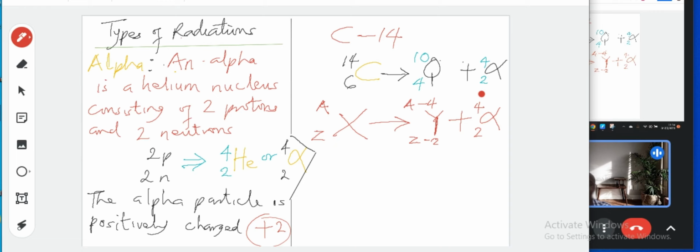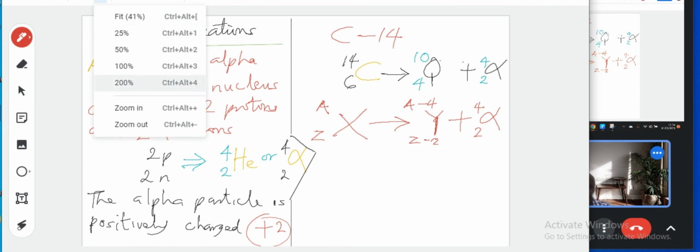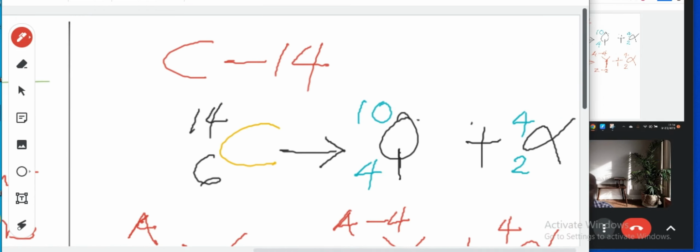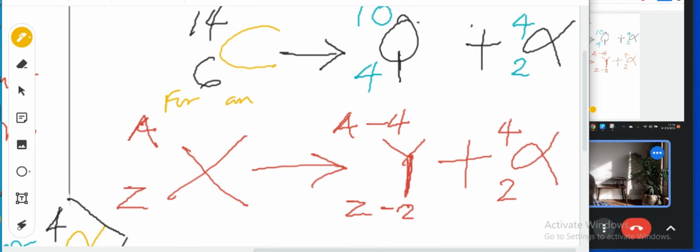Sometimes there could be 2 alpha particles, but let me not say that, I might end up complicating it, so don't worry about that. So this is the general rule for an alpha decay. Let me zoom it in a bit. For an alpha decay, this is what you get.